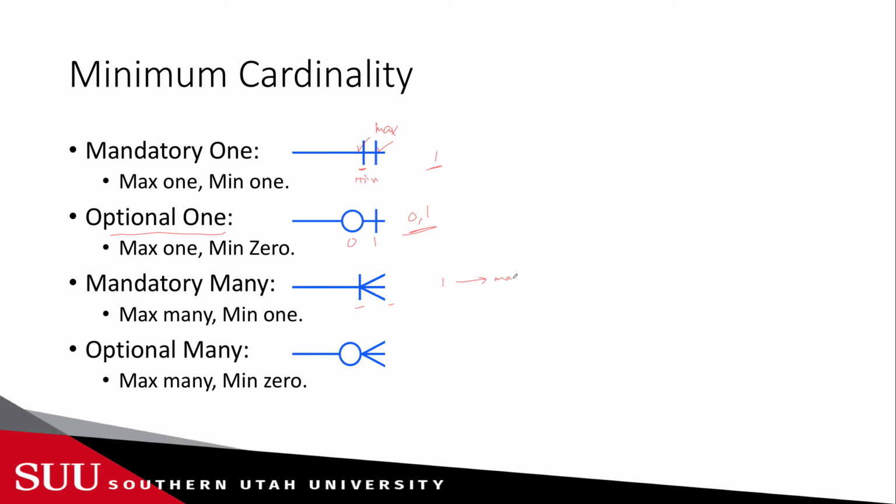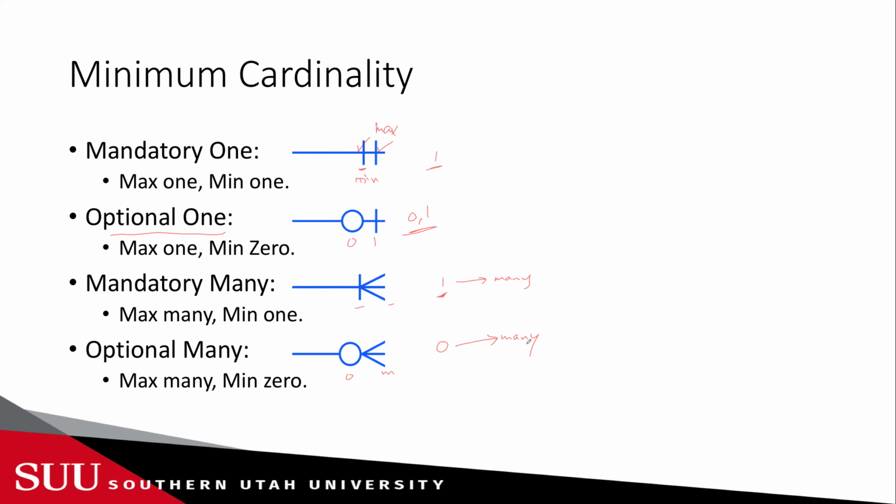So from 1 to many. Minimum is 1, so it has to be at least 1 or any other number, 2 or 3 or 4 or any other number. And finally, we have optional many, which is 0 here and many here. So this will be from 0 to many instances of the relationship.